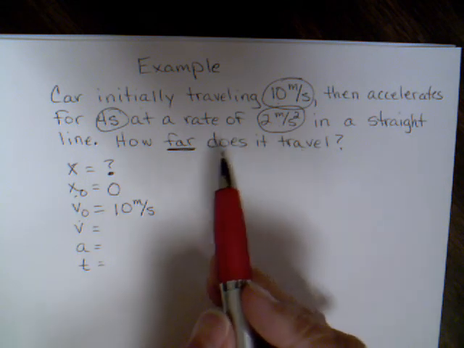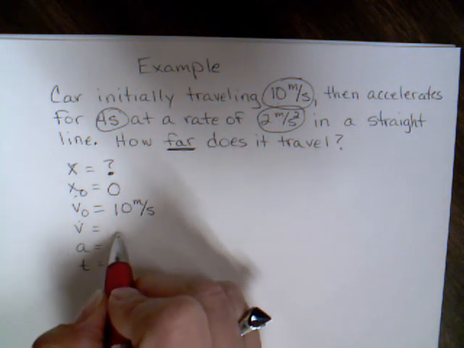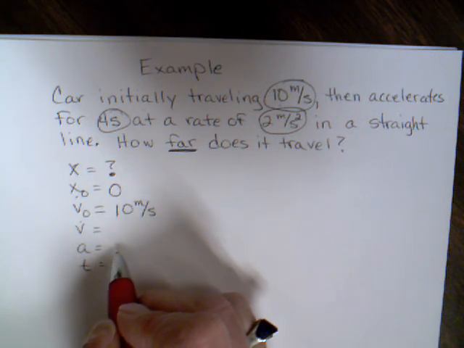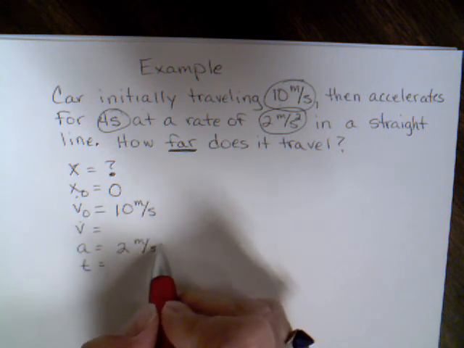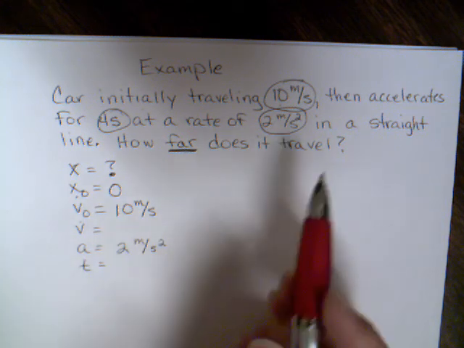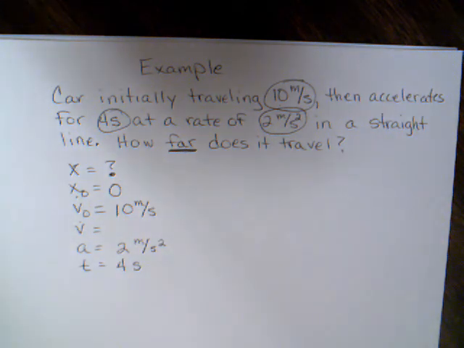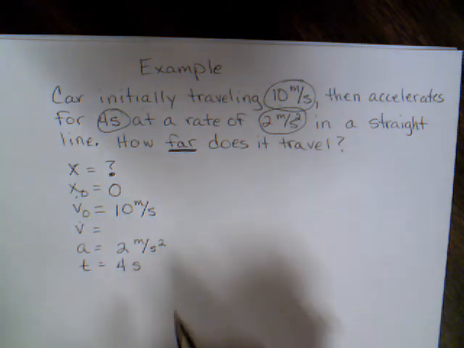I accelerate, but I don't know what my final velocity is, so I can't fill that in. It does tell me that I accelerate at a rate of 2 meters per second squared, and that I do this for 4 seconds. So I have all my variables listed out here.